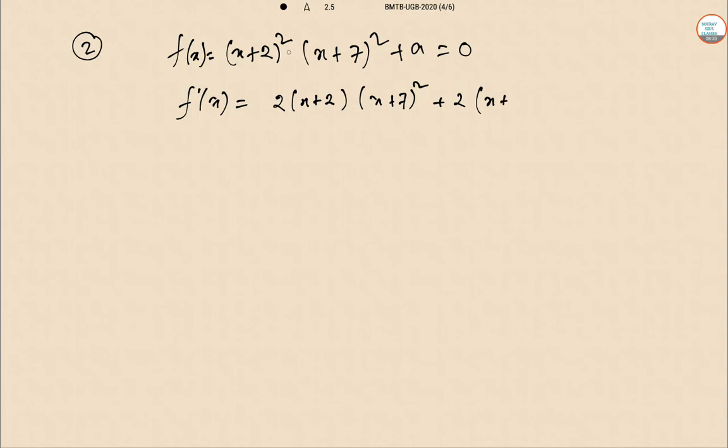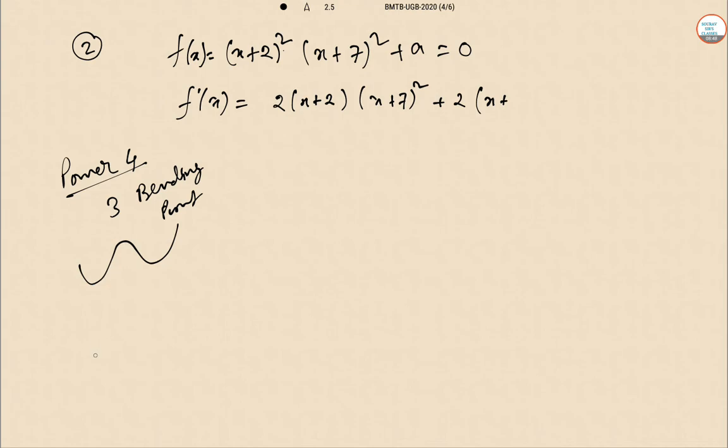But remember that it has power 4, so there will be 3 bending points, that's for sure. This curve will look like this or this. So 1 bending, 2 bending, 3. So total power minus 1. So differentiation will help us to proceed to this level.